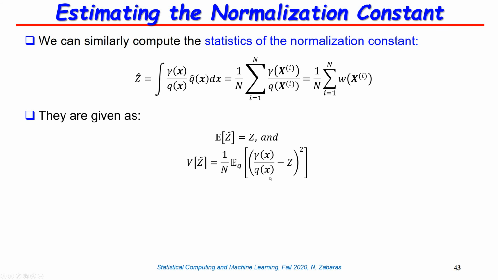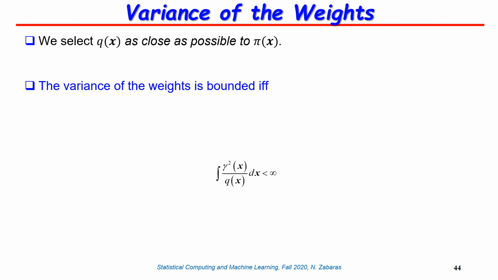That is really an integral of gamma squared over q. So really, we would like this integral to be finite. Now, this is a very difficult thing to remember and also to evaluate, so computing q so that this integral of gamma squared over q is finite.